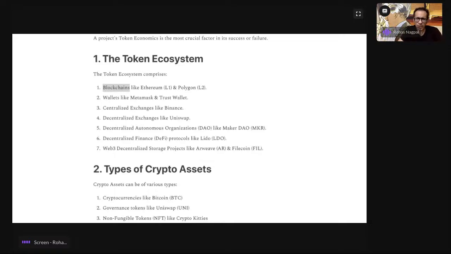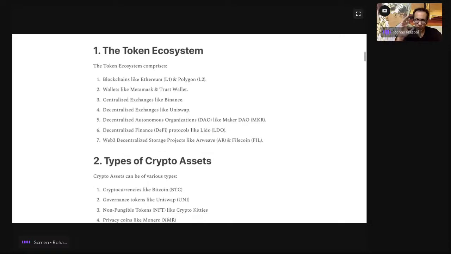An L0 example would be Polkadot, L1 would be Ethereum, L2 would be Polygon. Then we have wallets like MetaMask. Obviously, they are critical because that's how people hold their assets. Then we have centralized and decentralized exchanges. We have DAOs, we have DeFi protocols, and we have Web3 storage projects. Even they come under the token ecosystem. As a token economist, we need to be very comfortable with all of these.